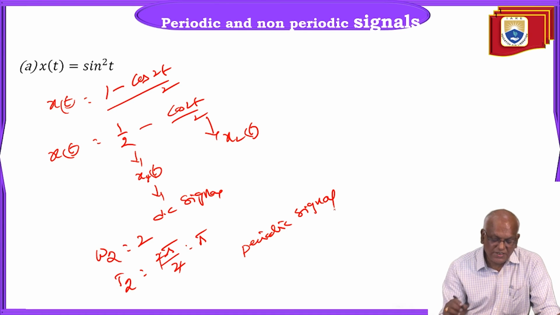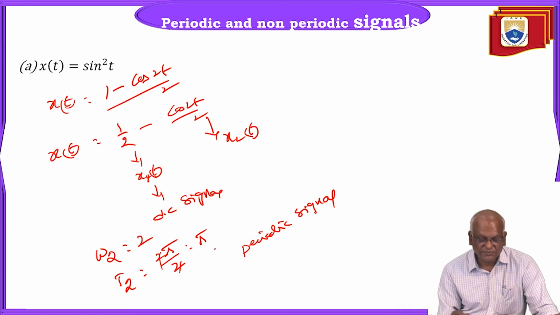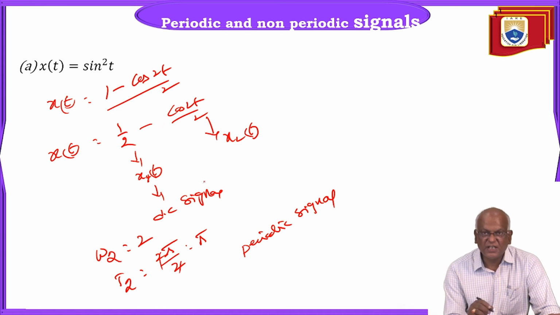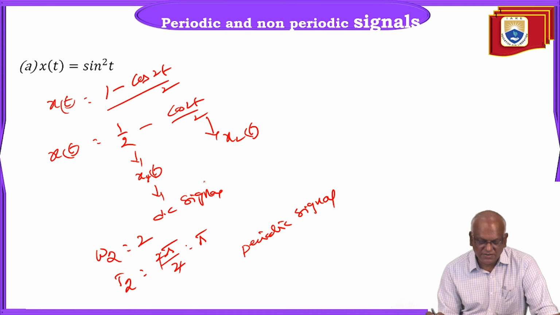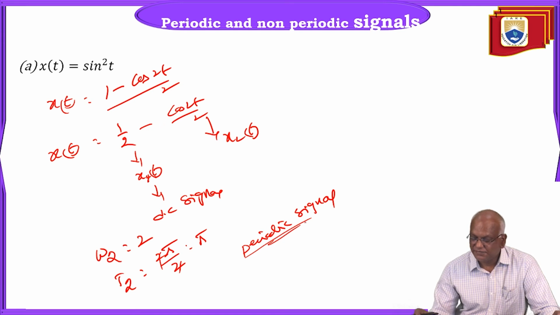Because the DC signal can be taken with an arbitrary time period, T1 by T2 becomes some rational number, as the pi cancels. That is why it becomes a periodic signal.